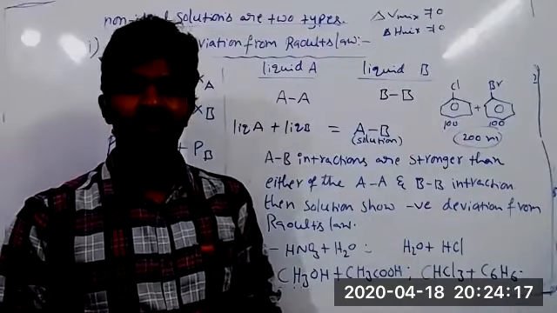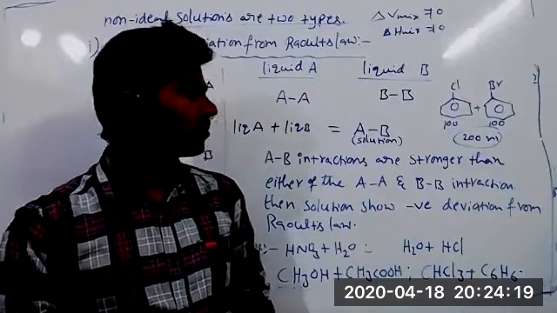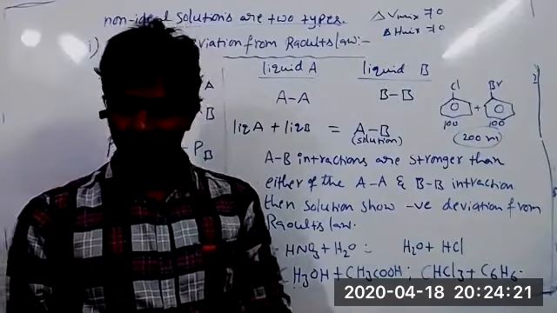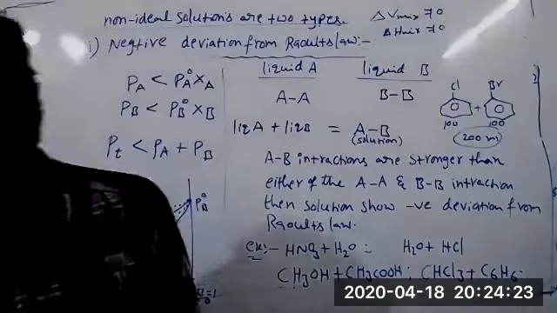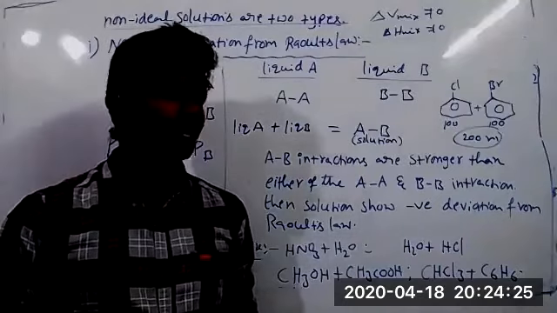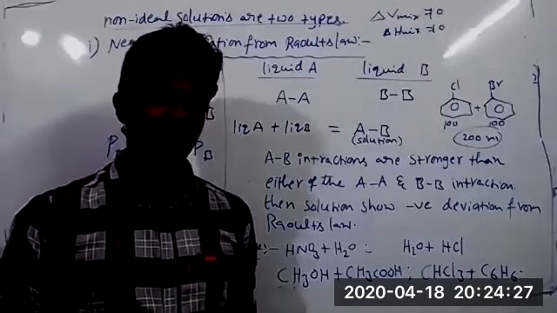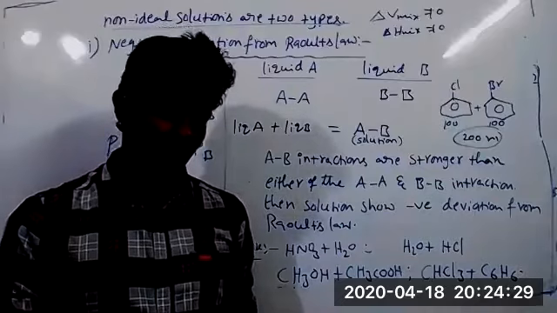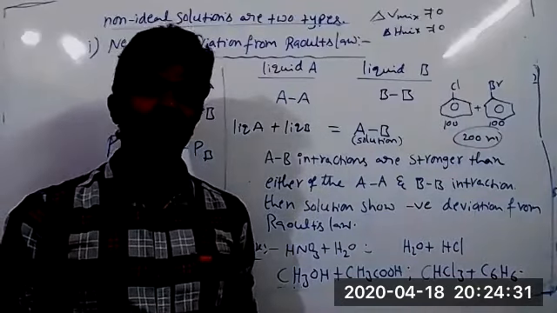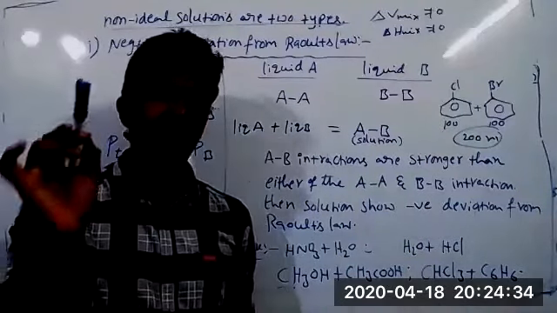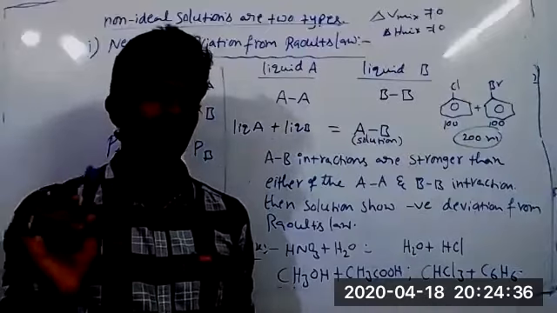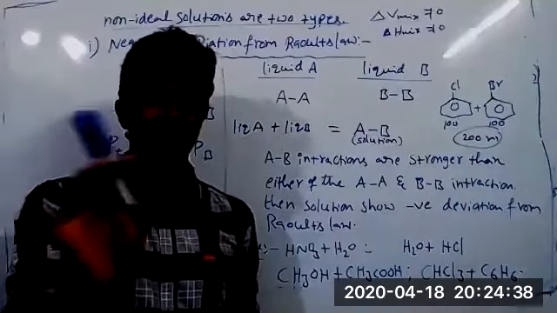Got it? Let's go to examples of ideal solutions. The first example is benzene and toluene, having the same structure and interaction. N-hexane and N-heptane, 6 carbons in N-hexane, 7 carbons in N-heptane, both are hydrocarbons and alkanes.